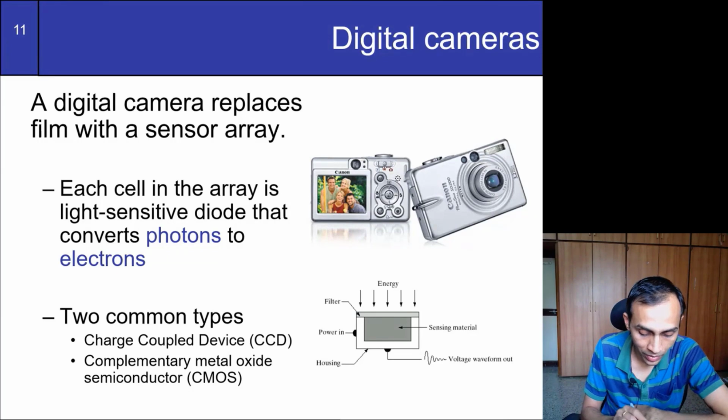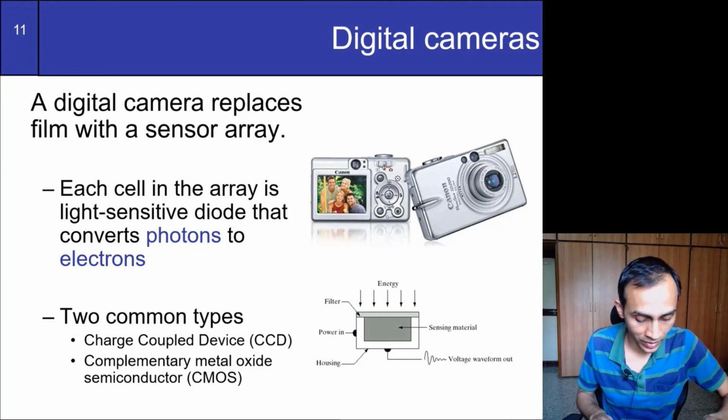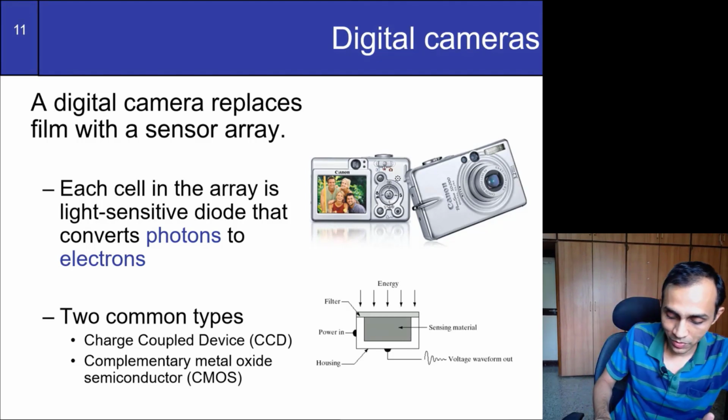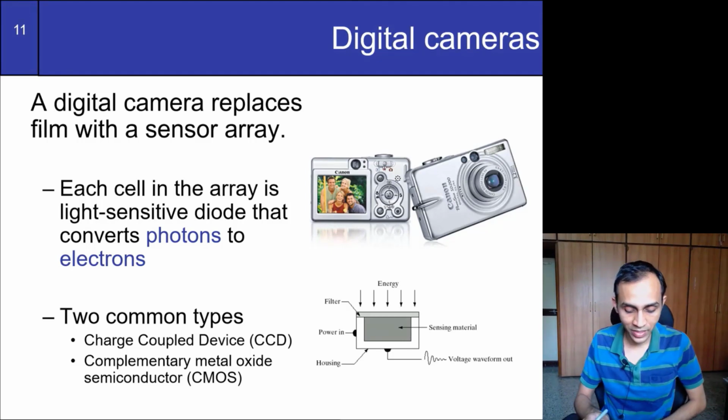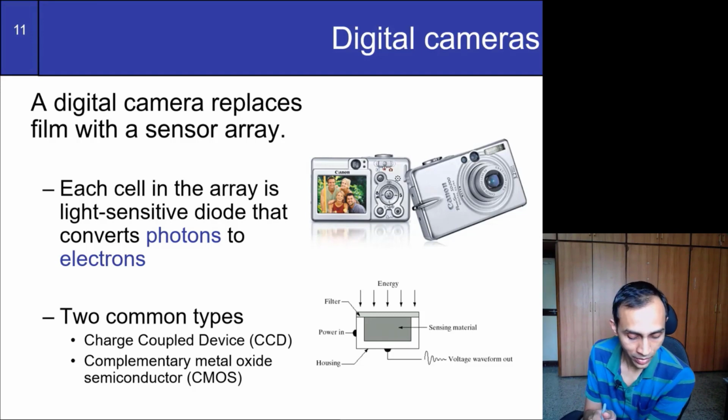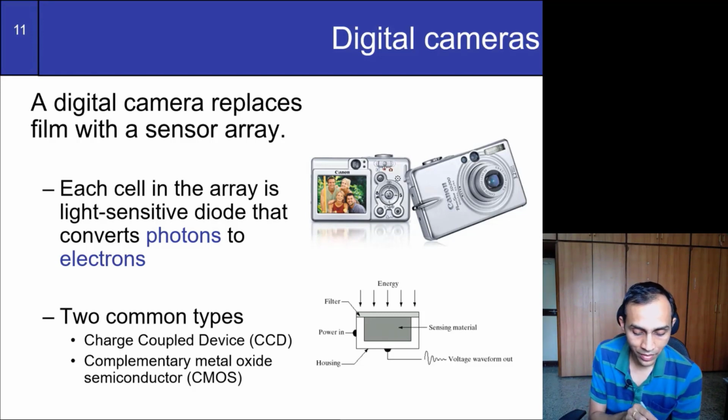Earlier we used to have analog cameras, but nowadays they are practically extinct, and you almost only have digital cameras, so no point talking about analog cameras. In a digital camera, we have a sensor array.